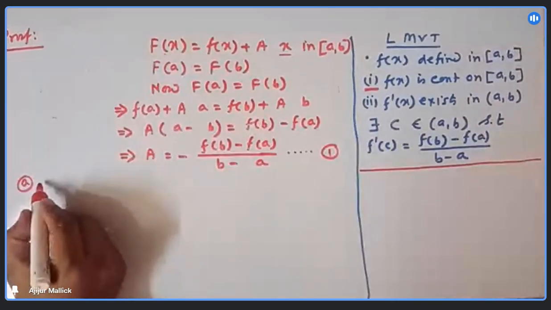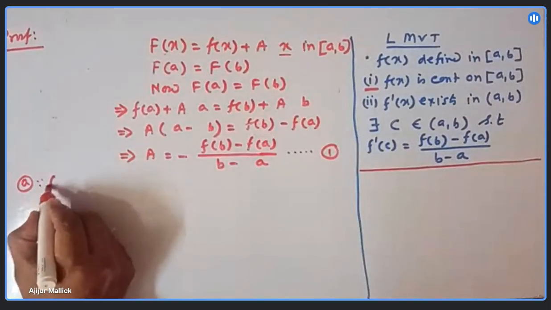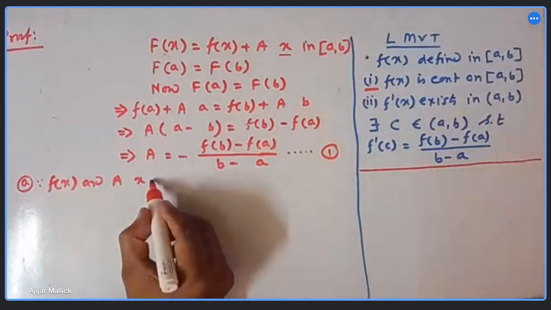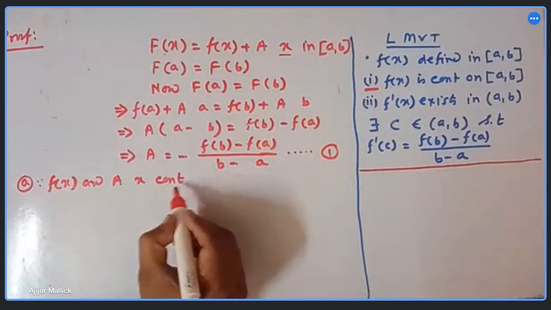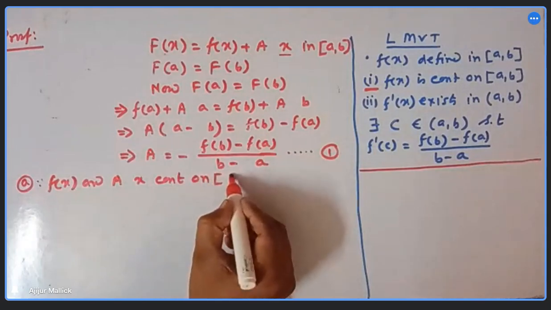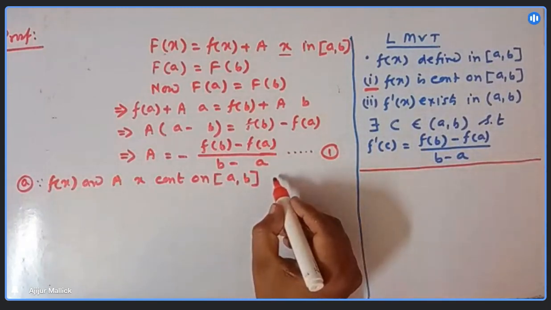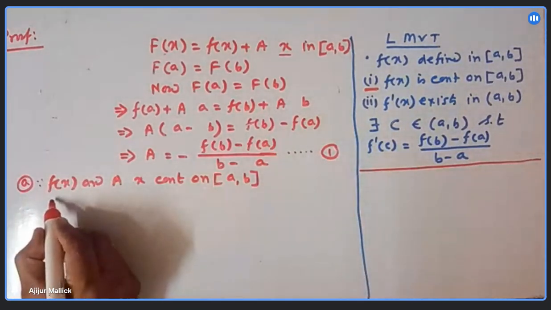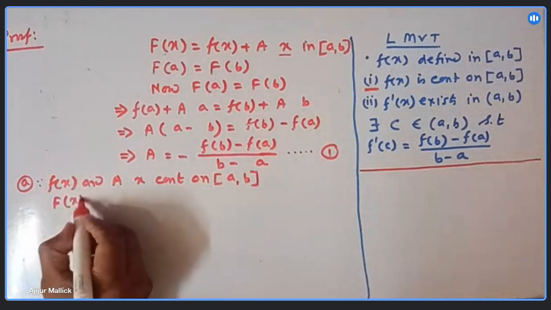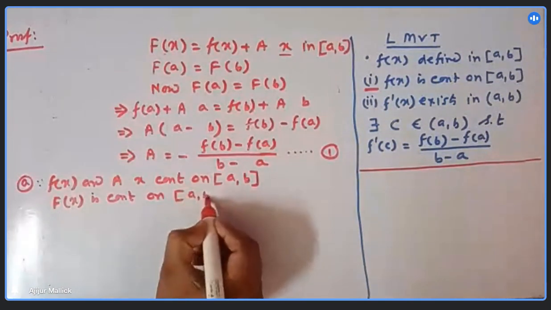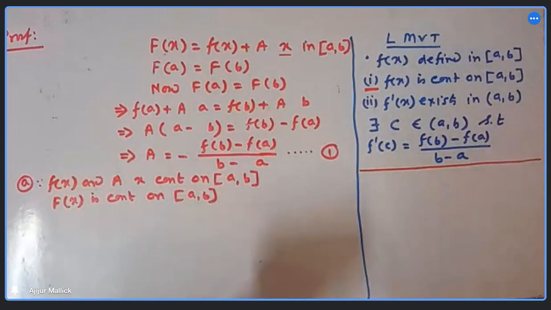We shall write here: since f(x) and A into x both are continuous on the closed interval [a, b], therefore capital F(x) is continuous on the closed interval [a, b].